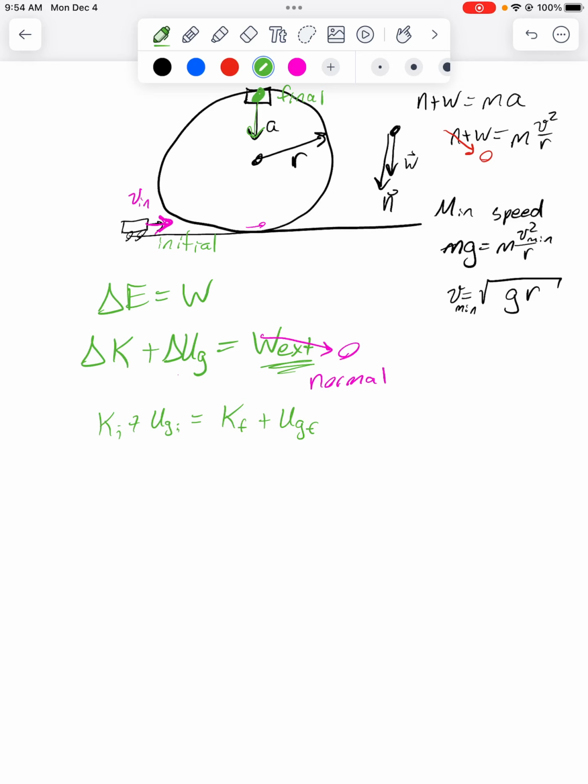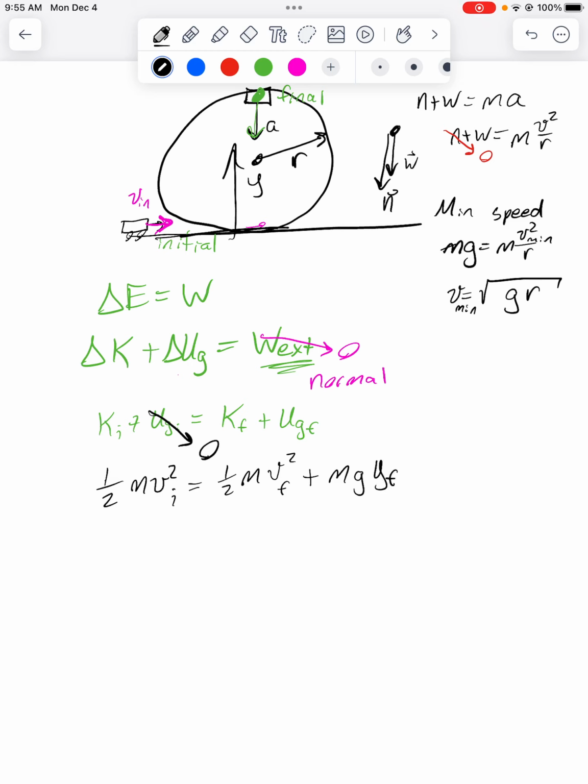And we can see here that if we set our coordinate system in the most reasonable way, where y is being measured from the ground, that the initial gravitational potential is 0. We can put in our equations, 1/2 mv squared for kinetic energy, and we just put in the final and initial values there. And you can see, of course, that the mass is all going to cancel out.